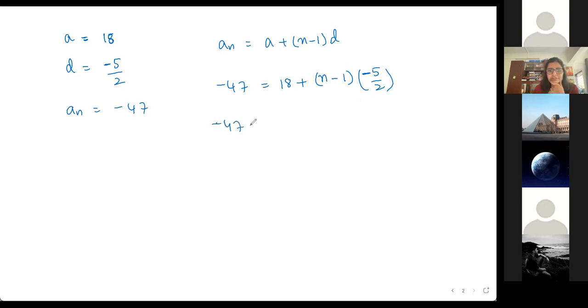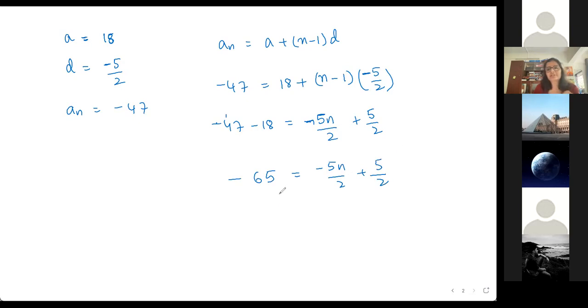So minus 47, let's take this here, minus 18 is equal to, I'll multiply this, minus 5n by 2, minus into minus, this will become plus 5 by 2. So minus 47 minus 18 will be 7 plus 8 is 15, 1 carry over, 65 equal to minus 5n by 2 plus 5 by 2.